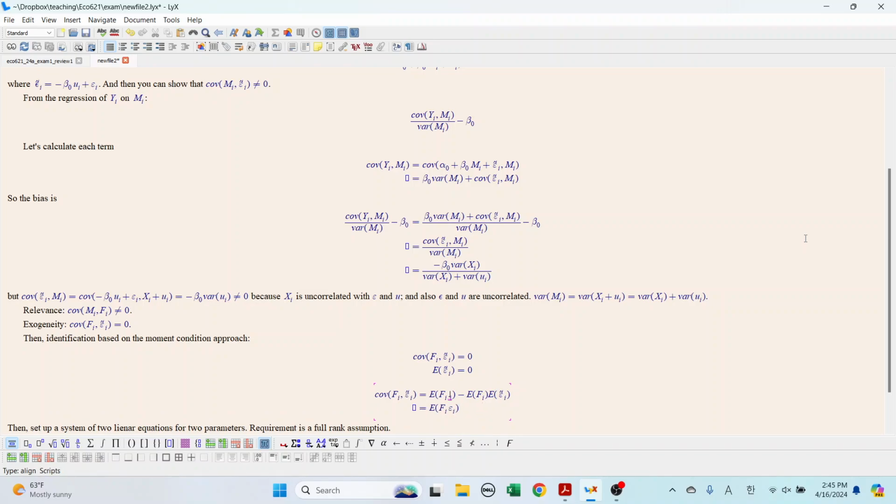So you can simplify the covariance into an expectation, because we assumed scale and location normalization. Because of this normalization, you can replace covariance with expectation, right?